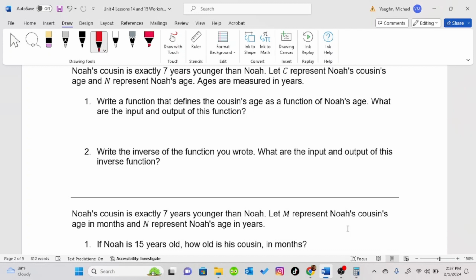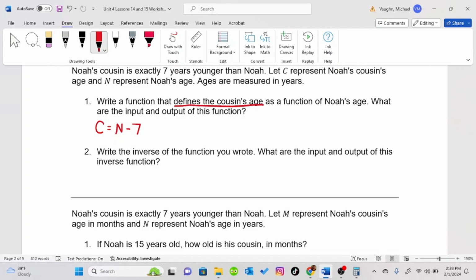So if I want a function that defines the cousin's age, then I want C equals. The cousin is exactly 7 years younger than Noah. That means I have to take Noah's age and subtract 7 years.